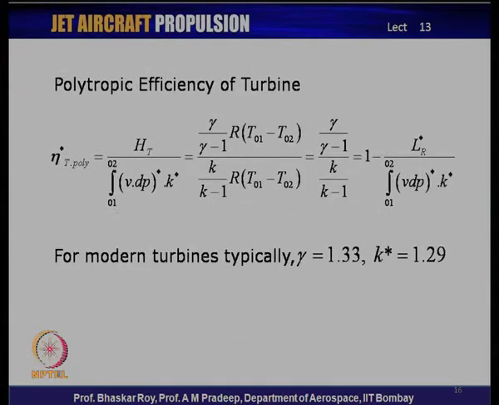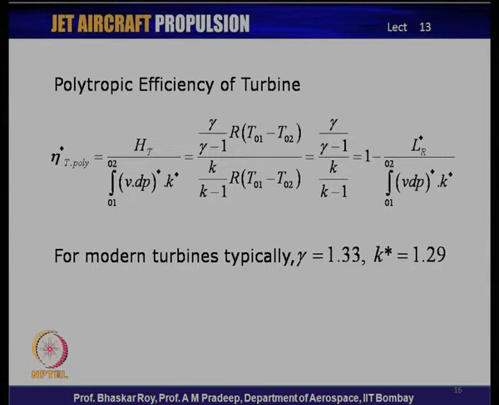So, the polytropic efficiency, as we have seen before, can also be written down in terms of the work that is being done, and here we are showing it in terms of star. Now, eta T star is the design polytropic efficiency.